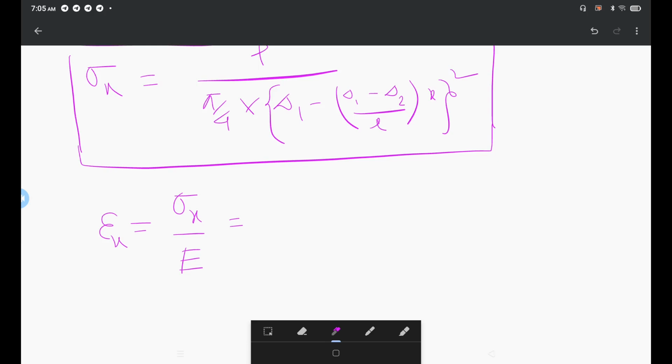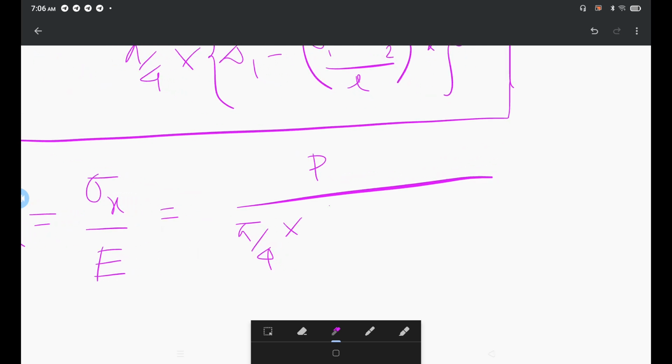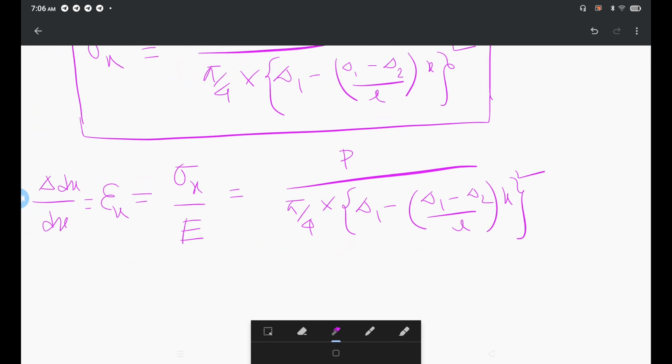Our strain is nothing but the change in dx upon the original dx. This is P upon pi by 4 into (d1 minus (d1 minus d2) upon L times x) whole square.